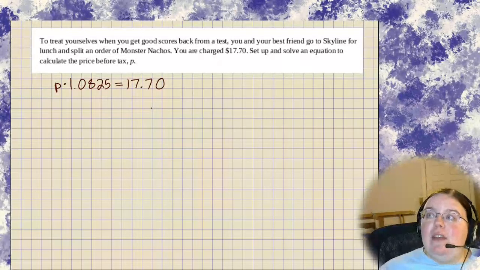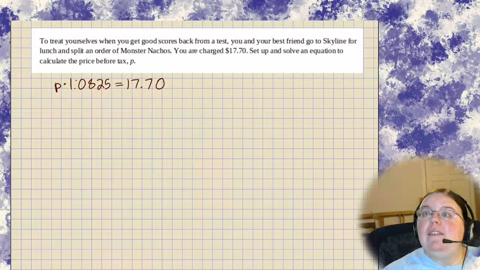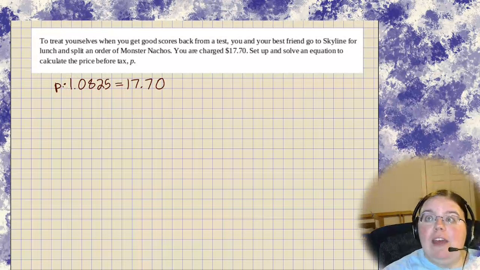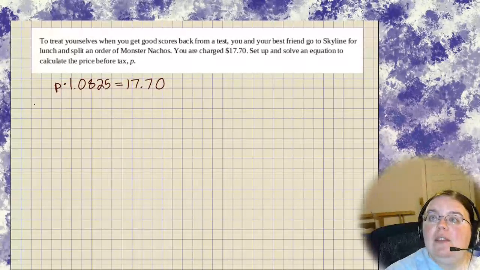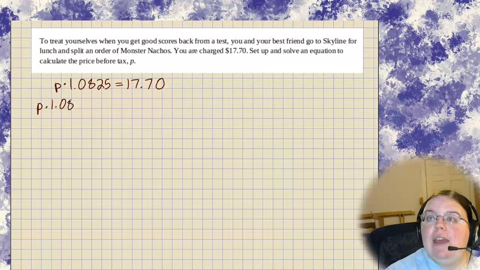So now we've set up an equation, now we need to solve it. I see that this equation has a multiplication in it, so I'm going to use the inverse operation division to work backwards. So let's see, price times 1.0825 works out to $17.70.